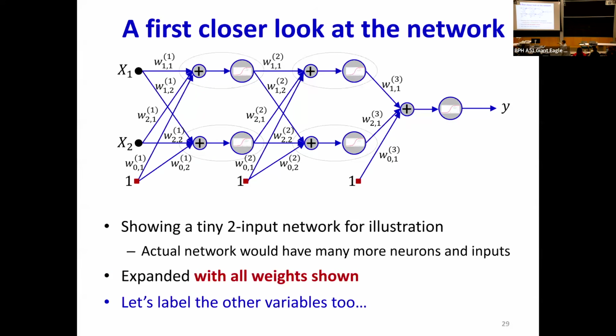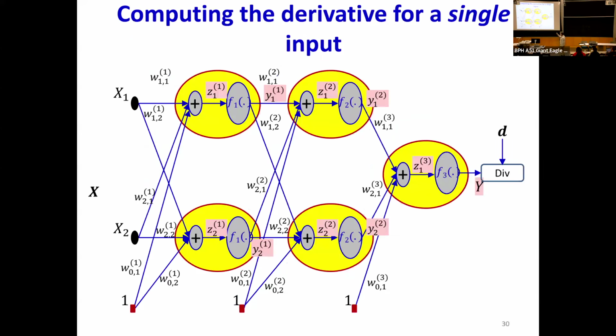In this particular representation, I've also called the bias a weight, but you could also notate them separately. But then you have other variables computed. Within each neuron, first you have an affine value z computed. So the notation z subscript i superscript j, or more generally, let's consider this, z subscript 1 superscript 2 means that it is the affine value for the first neuron in the second layer.